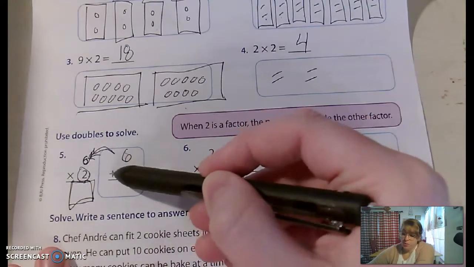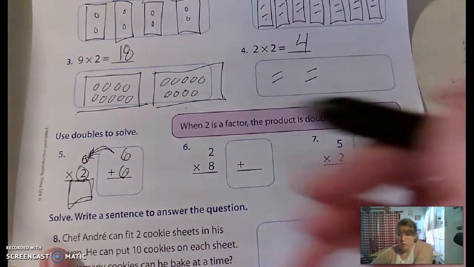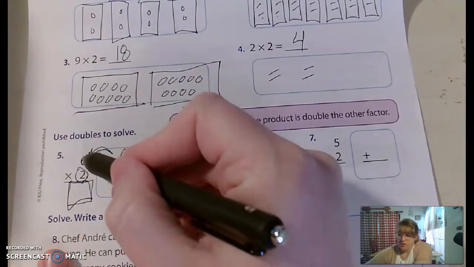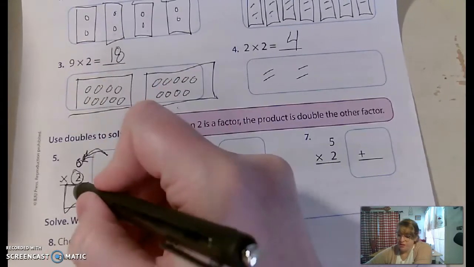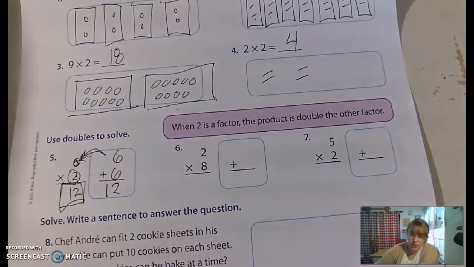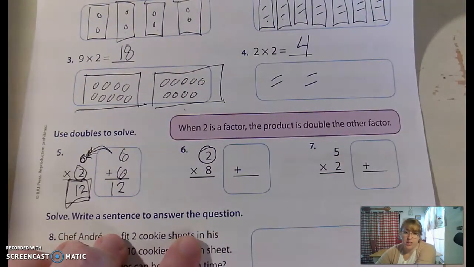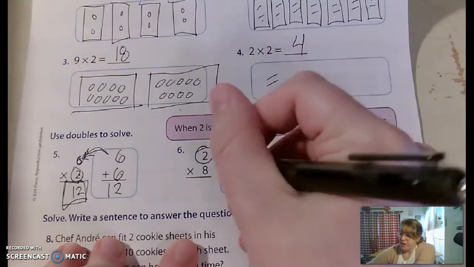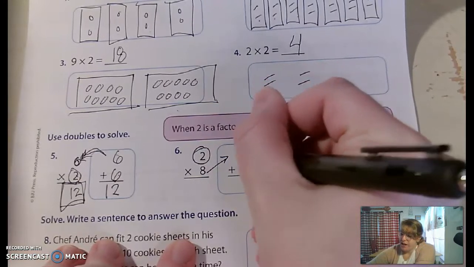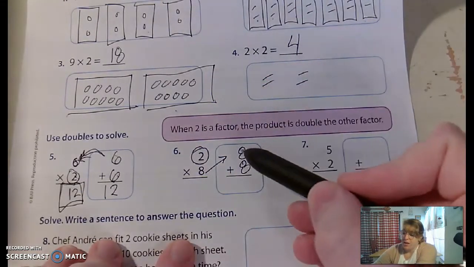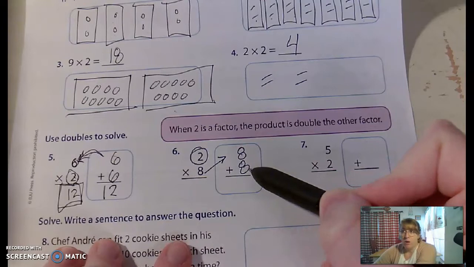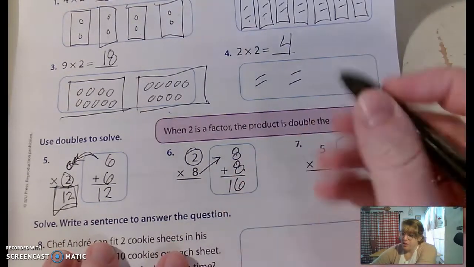So what's 6 plus 6? Well, we know that's 12, so 6 times 2 is 12. Good. Now let's look at number 6. If I have a 2 as a factor, I know that the other factor just gets added twice. So 8 plus 8. Well, I know that's 16.